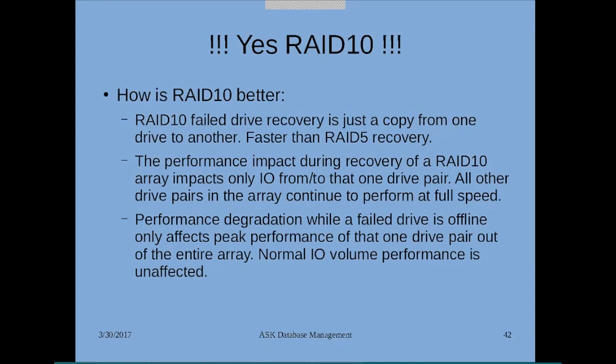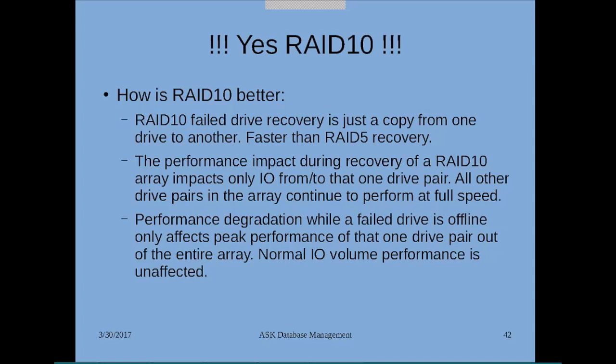Another thing is, even if you do lose a second drive, the probability that that drive is the other mirror to the one that failed is considerably lower than some drive on the RAID 5. Some second drive on the RAID 5 fails, and you lose all your data. On RAID 10, you can only lose all your data if both sides of the same mirror fail.